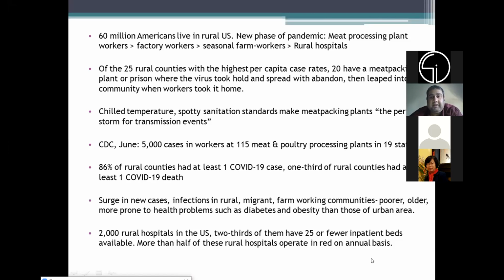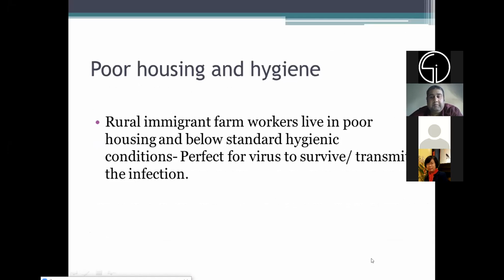Poor sanitation standards also add to the spread of the virus and to the growth of infection rates.